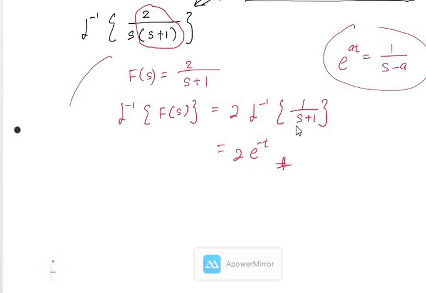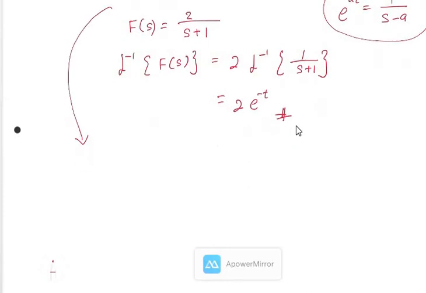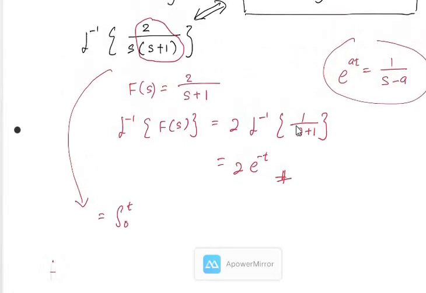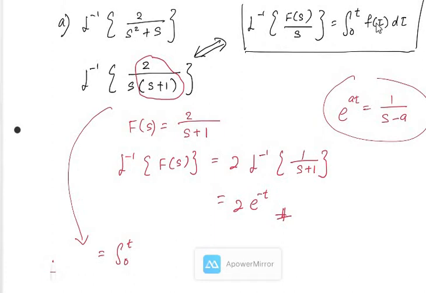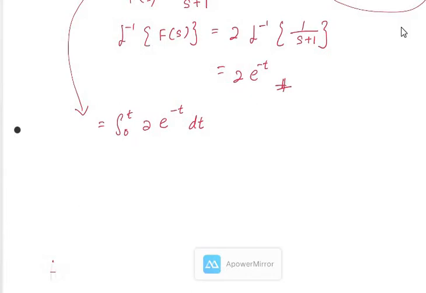So from here we can write like this: integration 0 to t, we follow the formula, 0 to t, and then this f(tau) d tau is referred to the 2 e to the power minus t dt. And then we integrate the 2 e to the power minus t, so we get minus 2 e to the power minus t, from 0 to t.